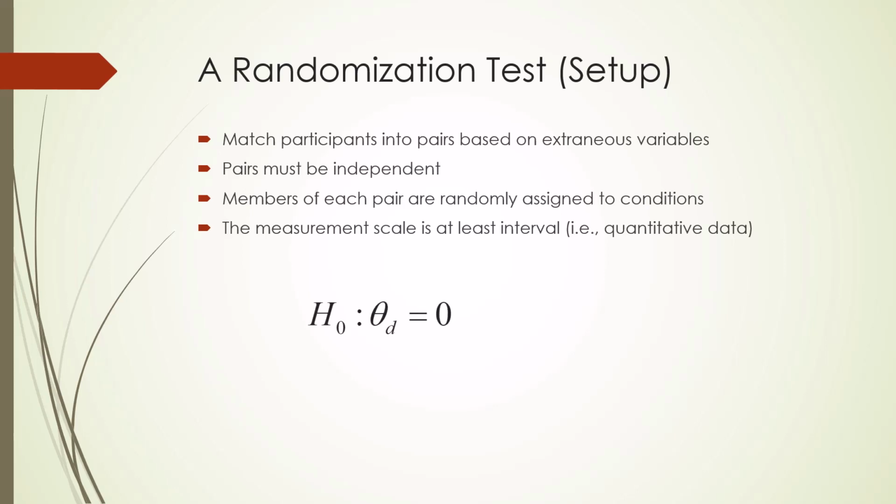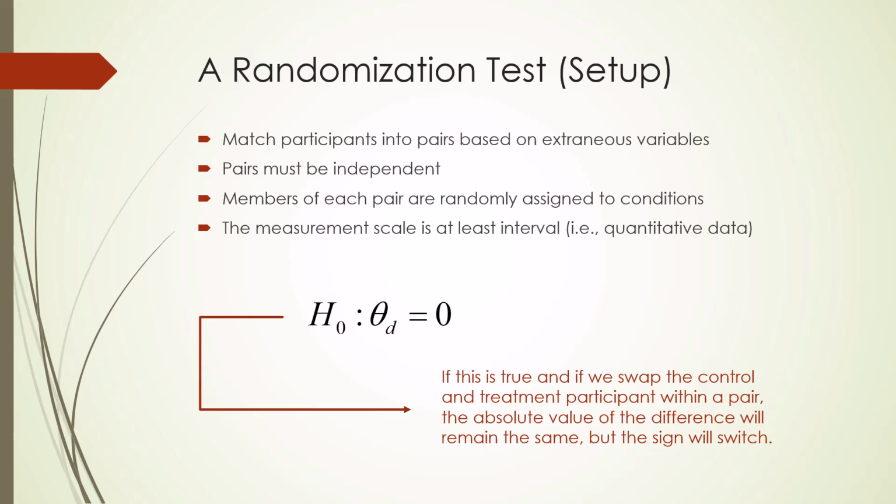Our null hypothesis is that the median of the difference scores is equal to 0. Now, if this is true, and if we swap the control and treatment participant within a pair, the absolute value of the difference in the scores of these two participants will remain the same, but the sign will switch.